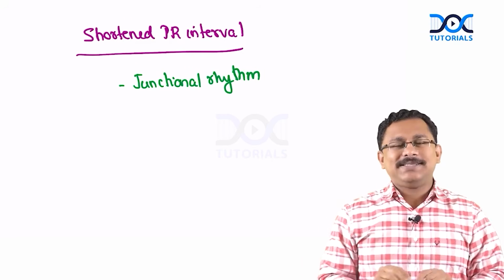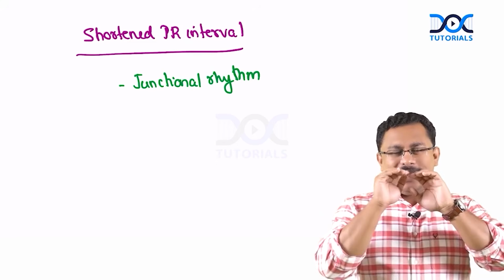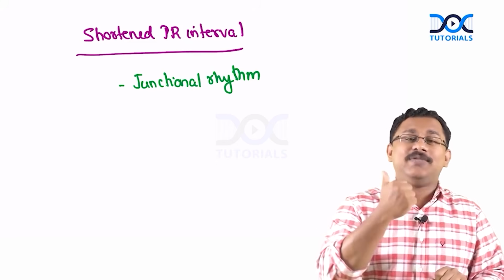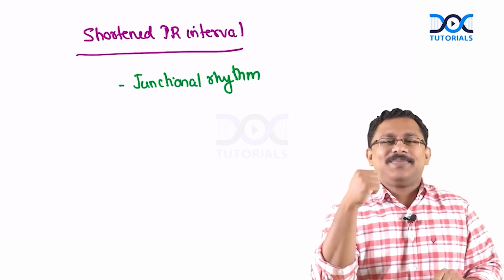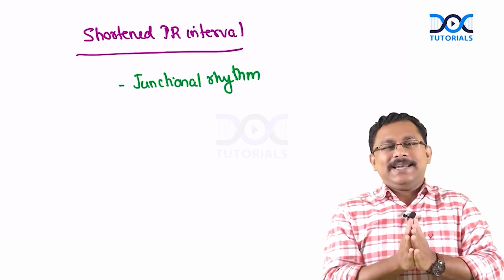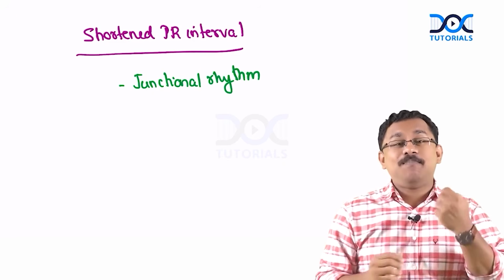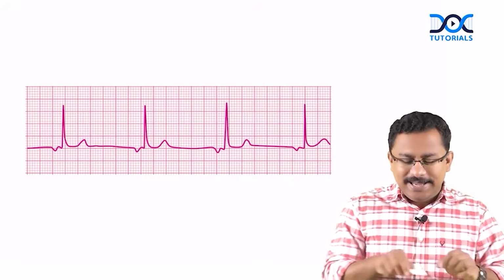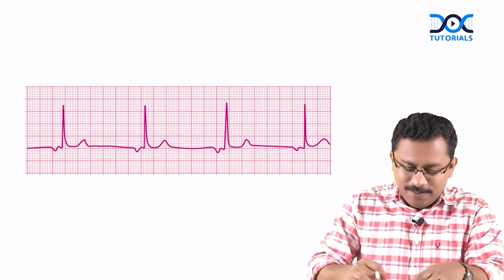So what will happen is that the impulse to the ventricles is moving in the normal direction, but the atria is getting activated in a retrograde manner. So there can be P waves, but the P waves will be inverted. The P waves in case of a junctional rhythm will be inverted.